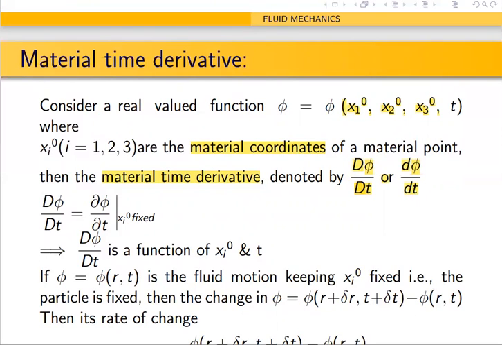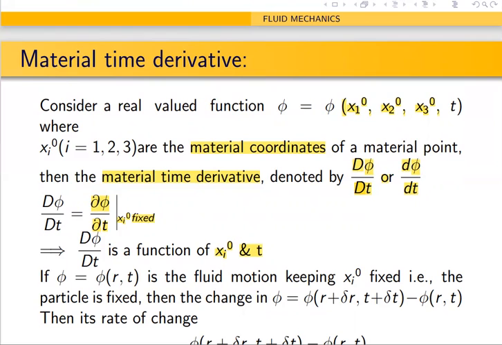You can use any notation of this. So D phi by dt is nothing but partial differentiation of phi, but what are fixed? Xi naughts are fixed. Material coordinates are fixed. And this D phi by dt will be a function of xi naught and t.